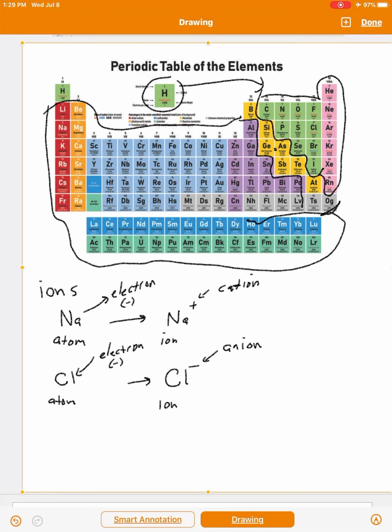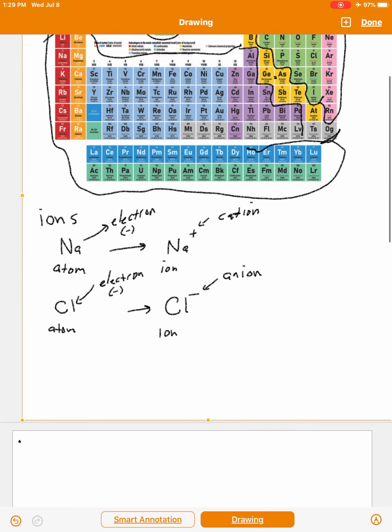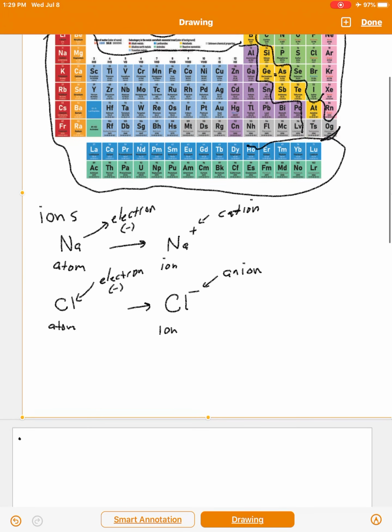Okay? All right, so now the general theme for naming compounds that are ionic is you name the cation first. Remember, the cation is positively charged. Then you name the anion, which is negatively charged, positive, negative.